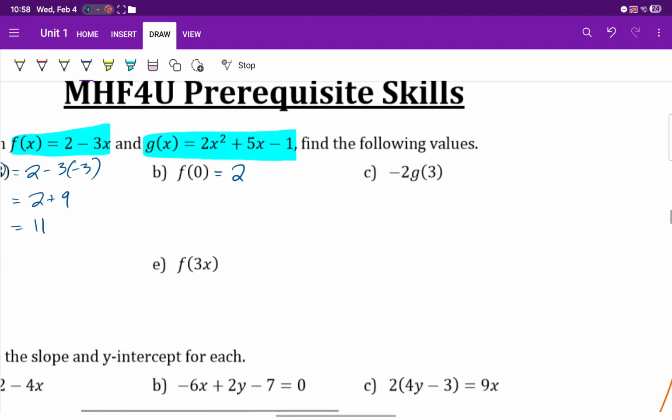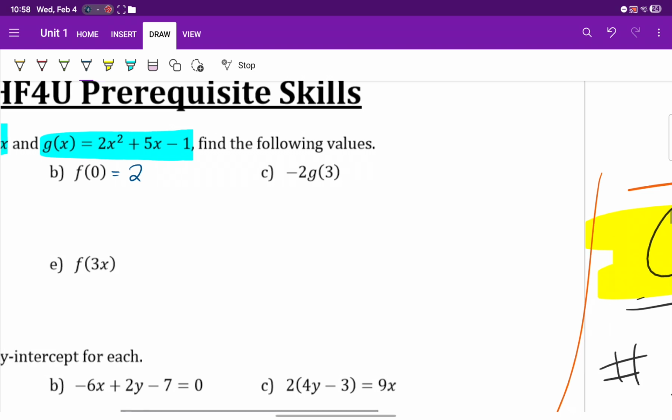C is a little bit trickier. Okay. C says negative 2 times g of 3. So what I'm going to do here is write negative 2, and then substitute in 3 into the g function. So that's going to be 2 bracket 3 squared plus 5 bracket 3 minus 1. I'm going to simplify the brackets first because of BEDMAS.